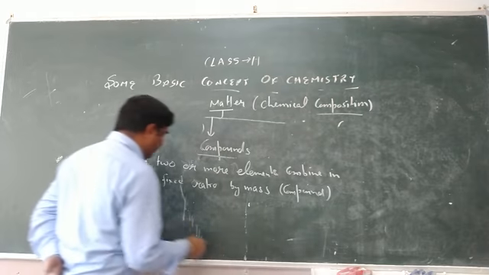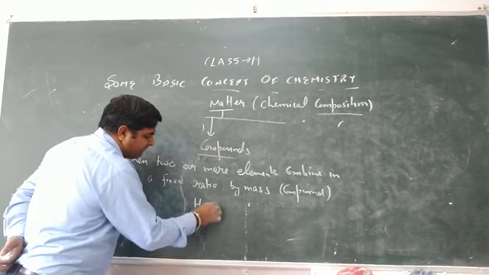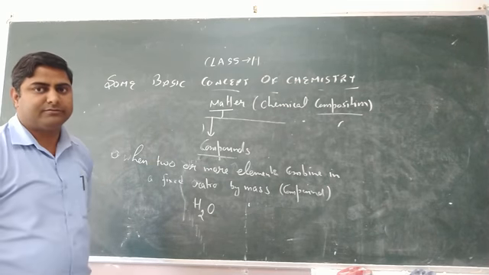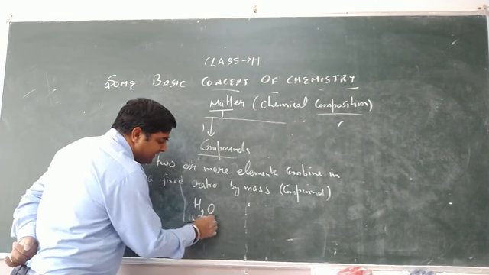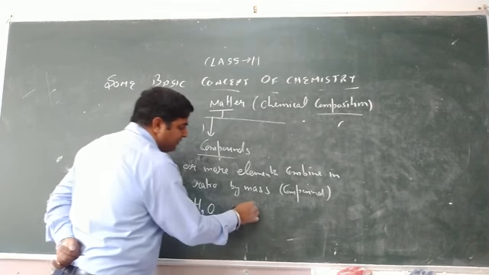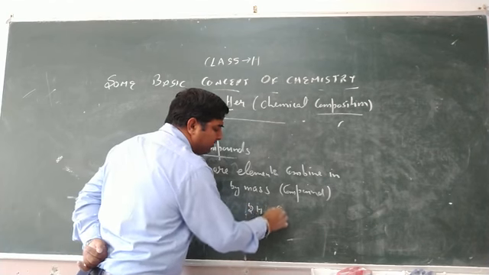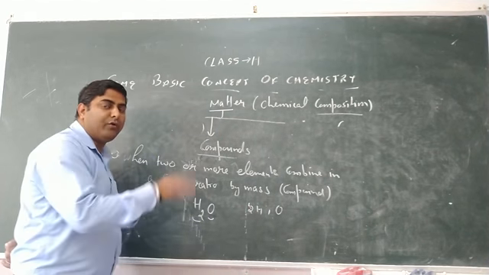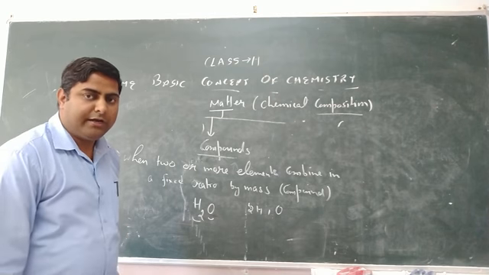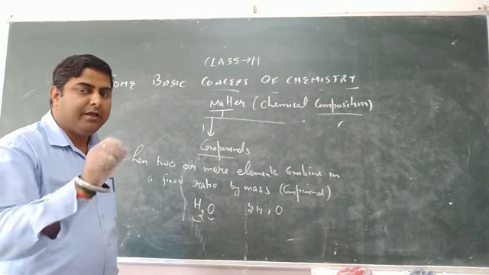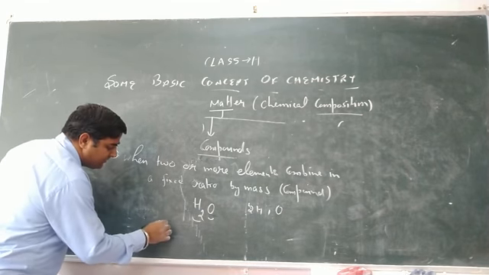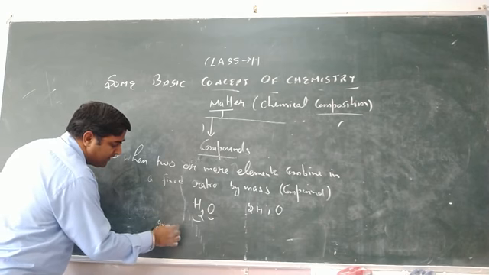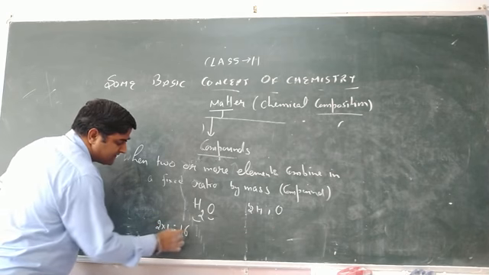For example, water. Why is water a compound? Because water is made up of three atoms, two hydrogen and one oxygen. But water is always formed when hydrogen and oxygen combine in a fixed ratio by mass. What is the mass ratio? Hydrogen has mass 1, whereas the mass number of oxygen is 16.